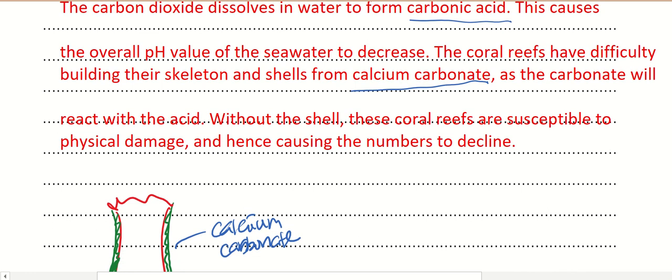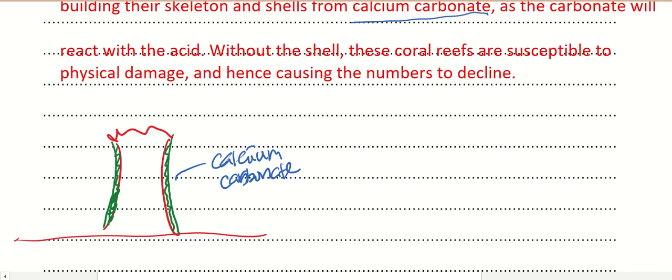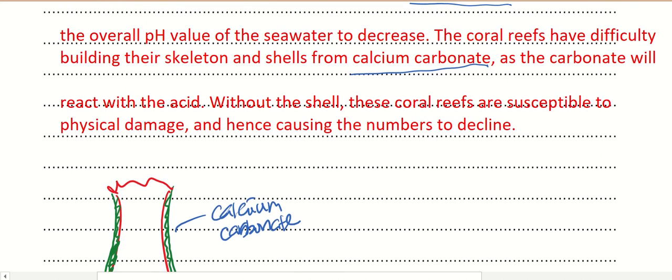The carbonate will react with the acid, therefore thinning the skeleton, the shell of these coral reefs. Because of that, their shell is weaker, their structure is weaker, and they're susceptible to damage.